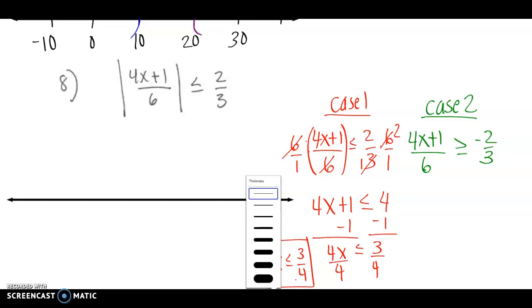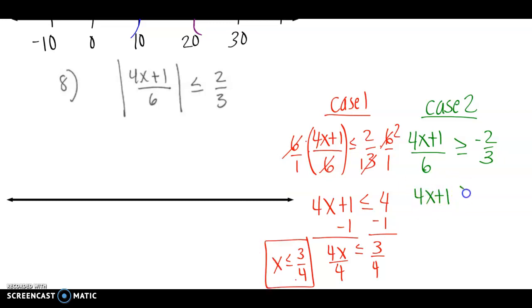Over here, same thing. I'm going to multiply by 6. It's going to leave me with 4x plus 1 is greater than or equal to negative 2/3 times 6, which becomes negative 4. Subtract 1, and I have 4x is greater than or equal to negative 5.